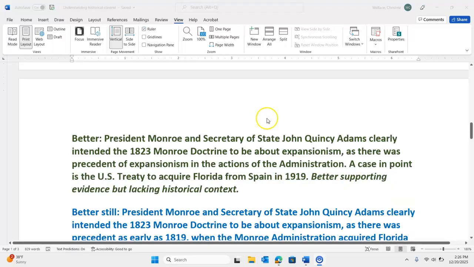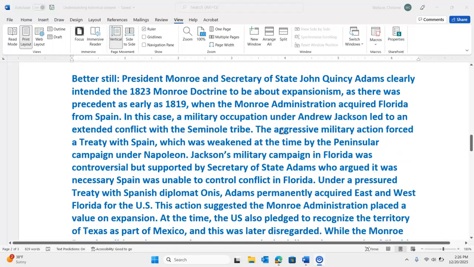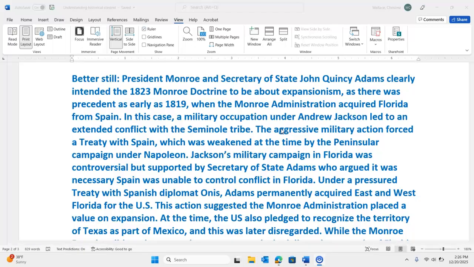So what would be better still? President Monroe and Secretary of State John Quincy Adams clearly intended the 1823 Monroe Doctrine to be about expansionism, as there was precedent as early as 1819 when the Monroe administration acquired Florida from Spain. In this case, a military occupation under Andrew Jackson led to an extended conflict with the Seminole tribe.